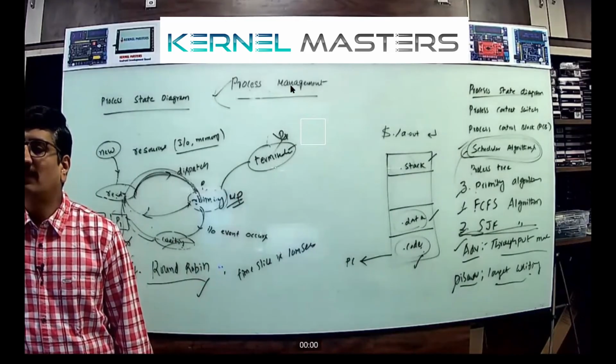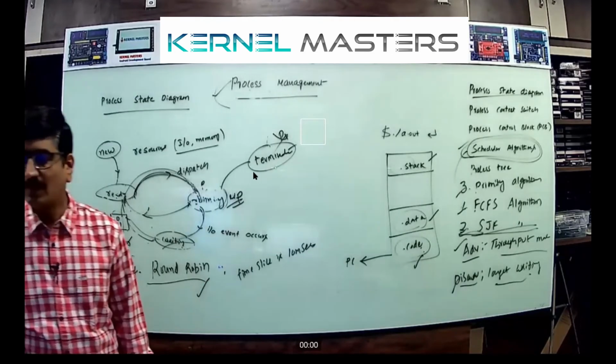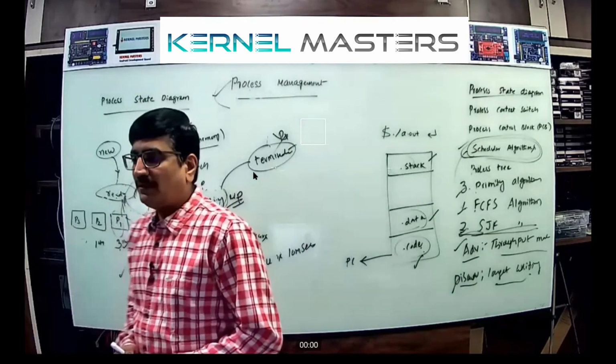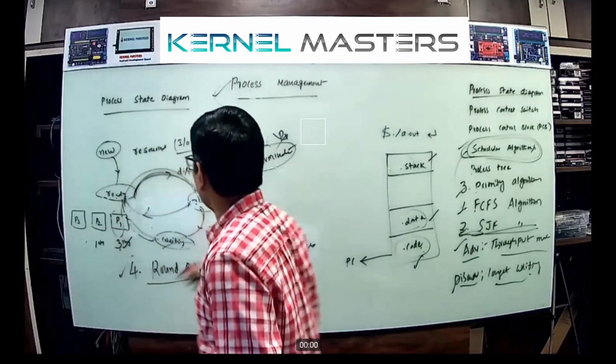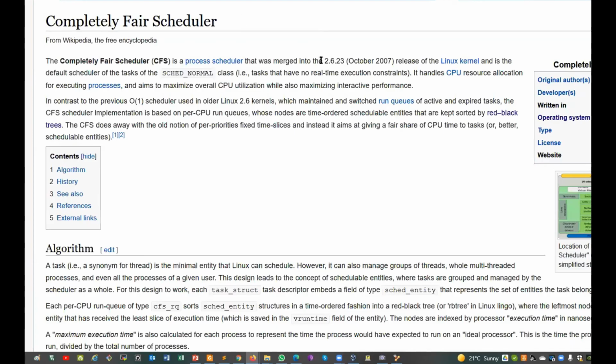In Linux, what scheduling algorithm is used? In Linux, the CFS algorithm is used. CFS is the Completely Fair Scheduler algorithm, released in kernel 2.6.23. In the kernel some flags are there, and the flag indicates the CFS algorithm.